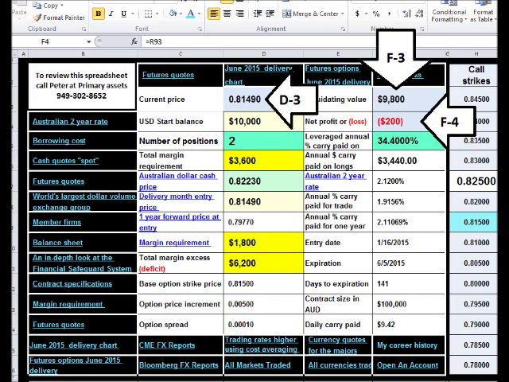The same as the entry price. The net loss will show in cell F4 of $200. This includes time value, all bid-ask spreads, all brokerage, clearing, exchange, and regulatory fees. The net liquidation value will show in cell F3 of $9,800.